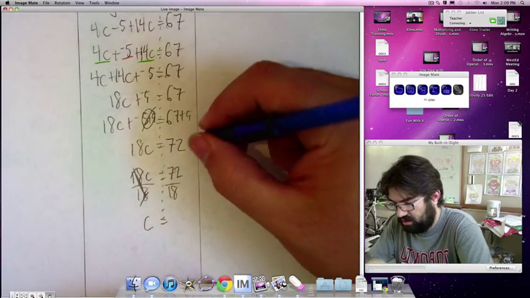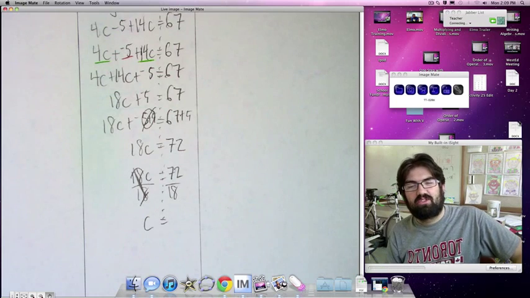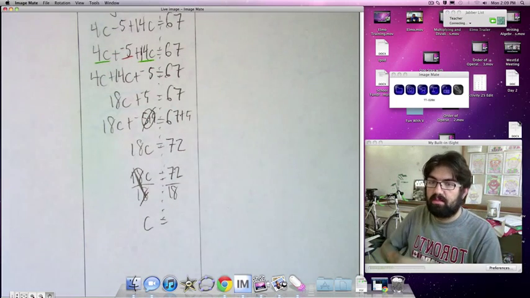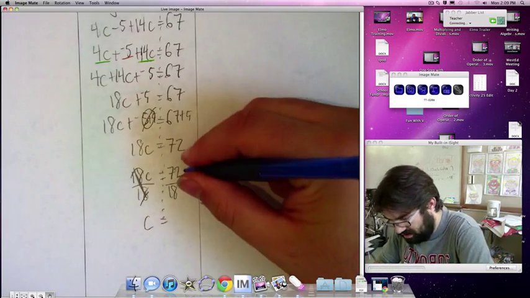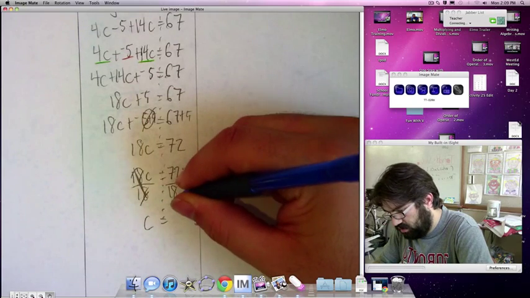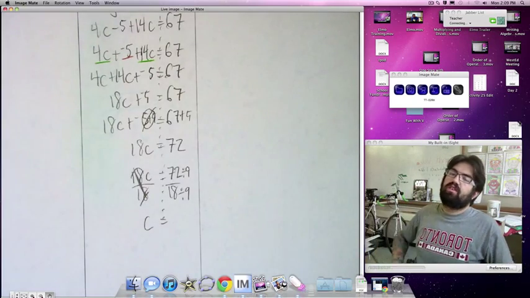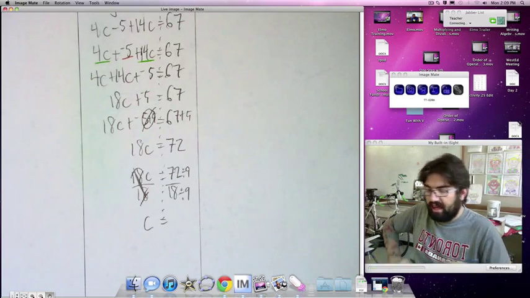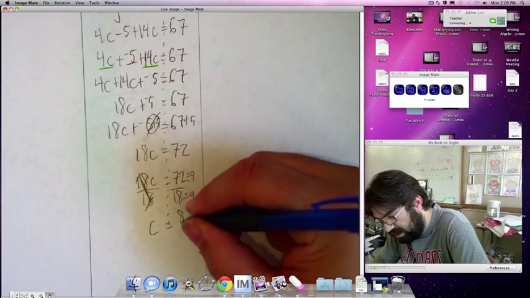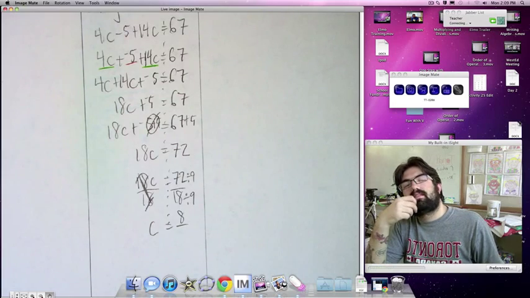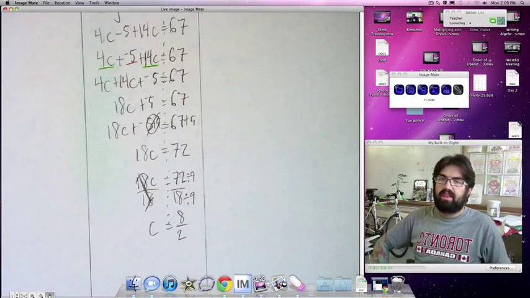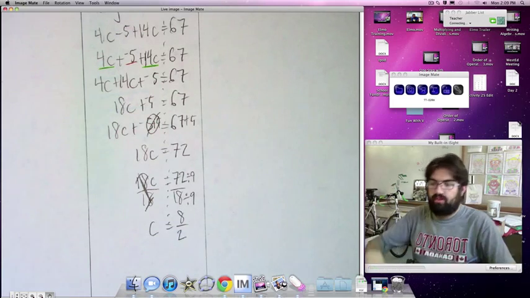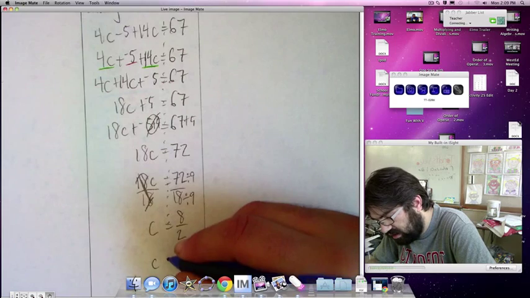But I know how to simplify. And I know 72 and 18 can both be divided by 9. Right? Okay, so 72 divided by 9. 8 times 9 is 72, so that's got to be 8. And 18 divided by 9 is 2. Oh, I totally know what that is. 8 divided by 2 is 4. So I think c equals 4.